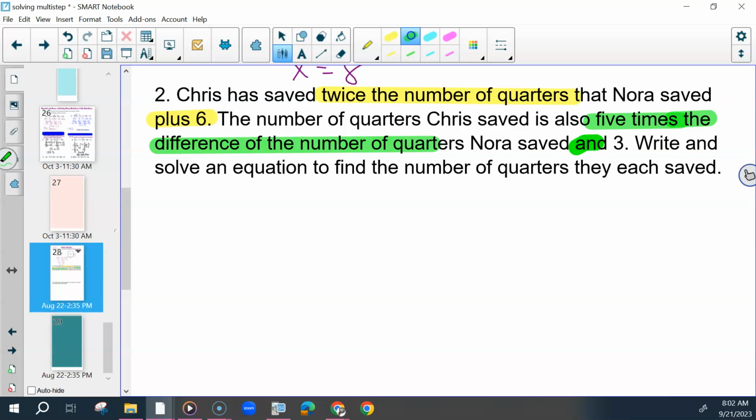I'm also going to highlight this part, "is also," because that tells us we're going to set the two equal to each other.